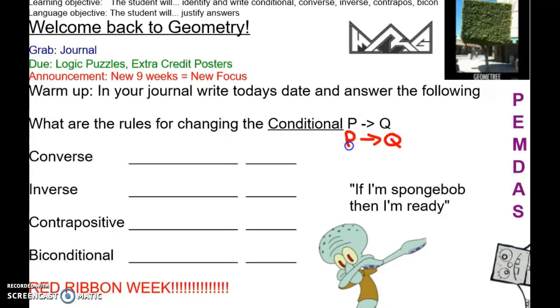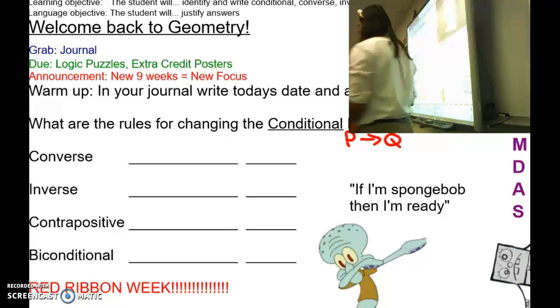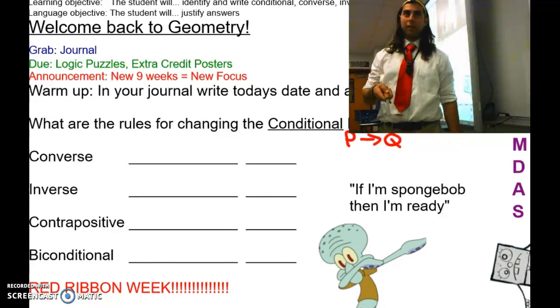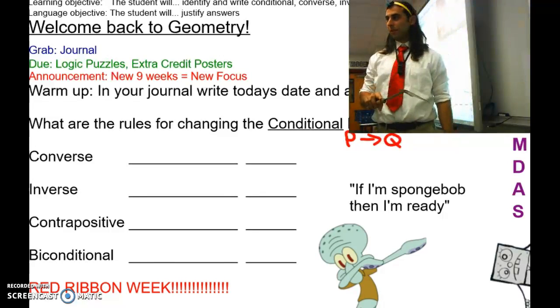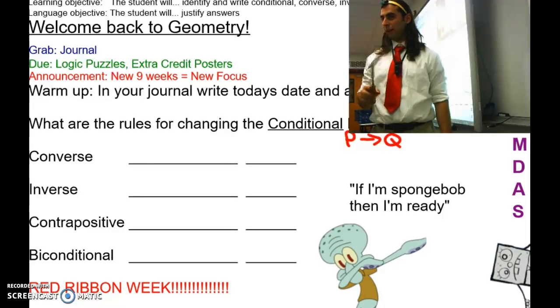So converse. Who can tell me from yesterday, remind me, what is a converse? So what do I do with P and Q if it's a converse? You switch them, right? So you flip them as if you were at the Krusty Krab and you were flipping them, right?